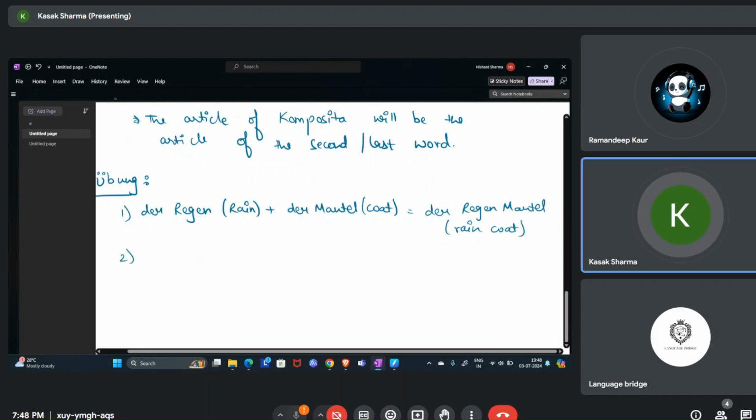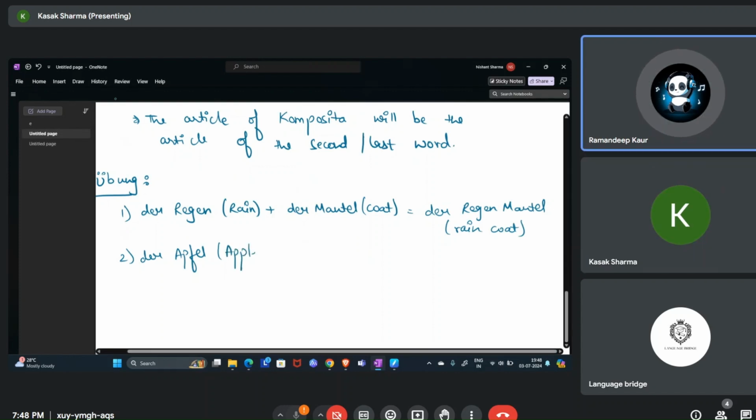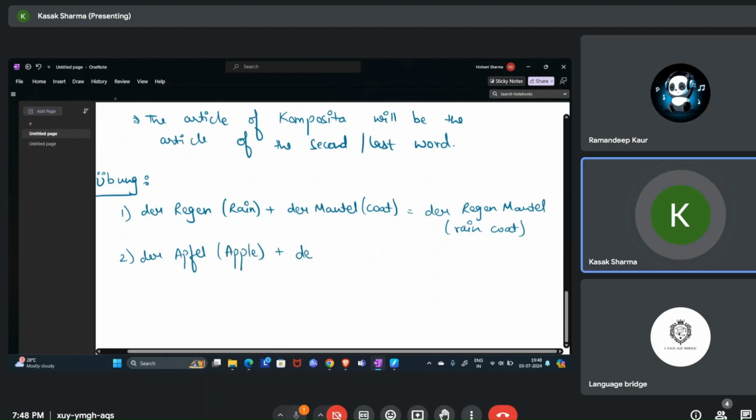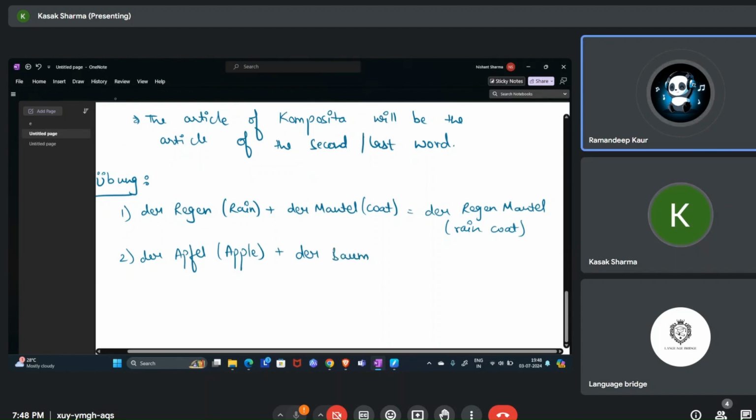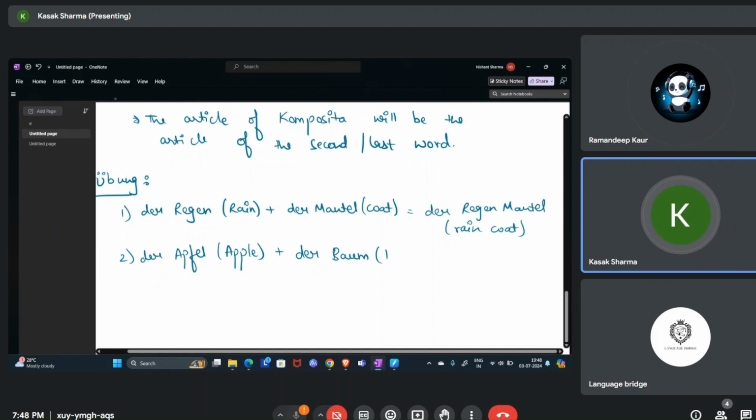Now coming to the second, I have der Apfel, which is apple, and I have der Baum, which is tree. So it will be der Apfelbaum, apple tree.